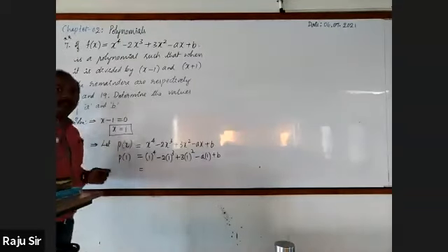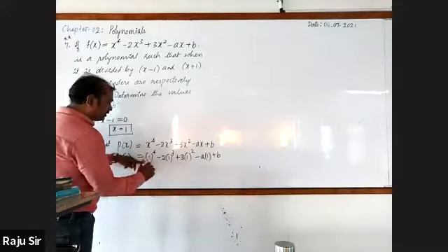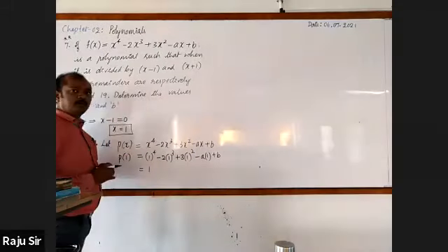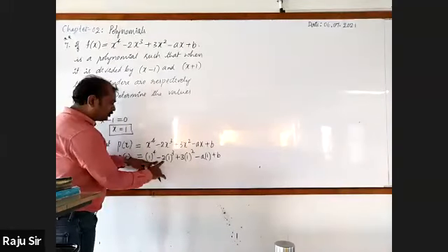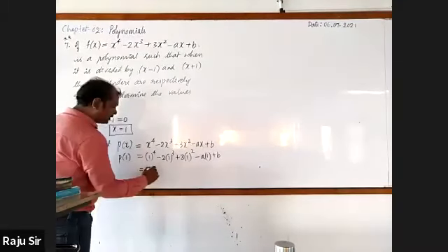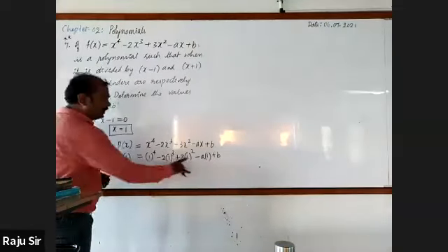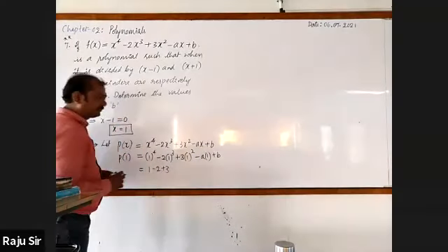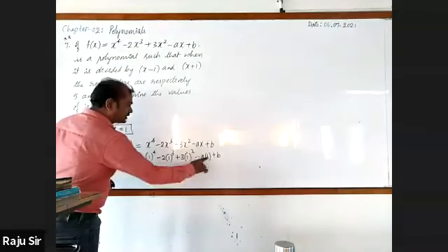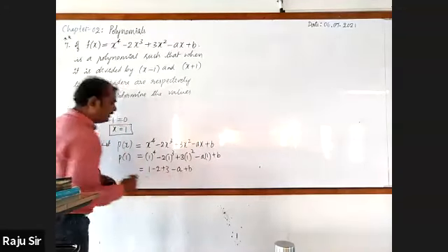Here 1 raised to the power 4 is 1 only. Next, 1 cube is 1, 1 into 2 is 2, write the minus sign as it is. Next, 1 square is 1, 1 into 3 is 3. Minus a into 1 is minus a, then plus b.